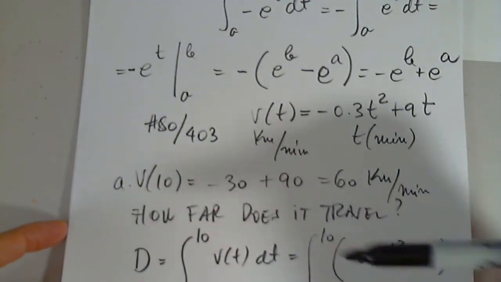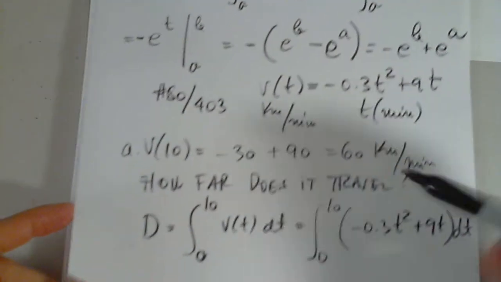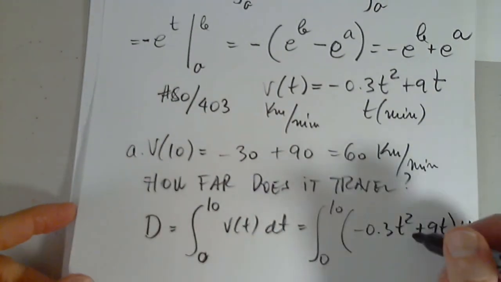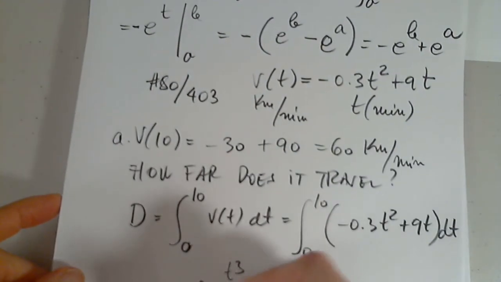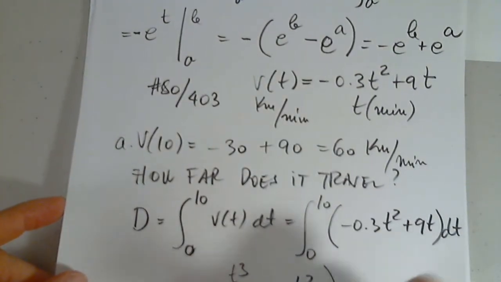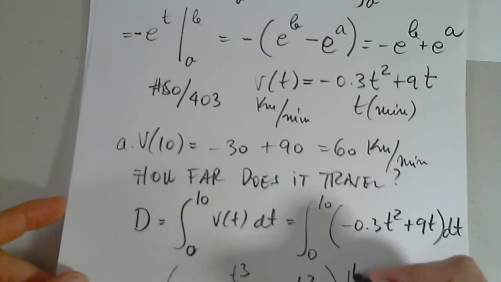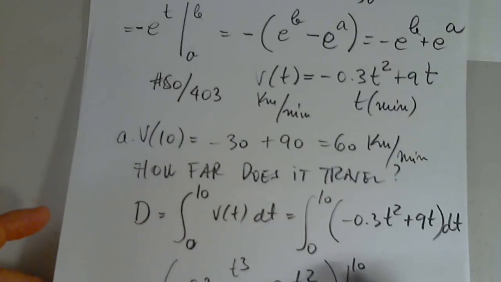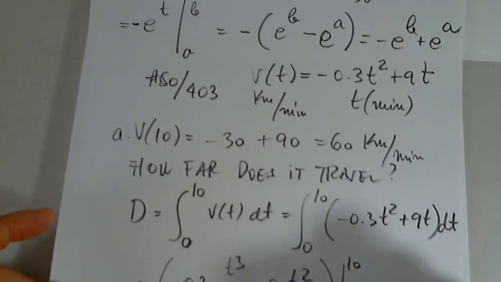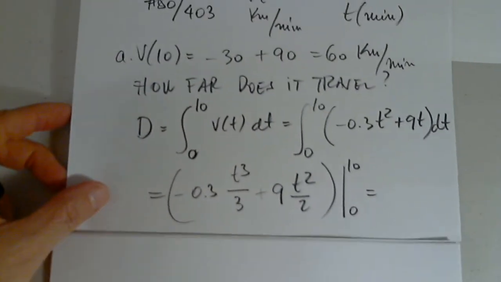But we are also asked to evaluate it. So for -0.3 t squared, I need t cubed over 3, plus 9 t squared over 2 from 0 to 10. Luckily, I only need to plug in 10, because when I plug in 0, everything is 0. So when I plug in 10, let's see what we get.